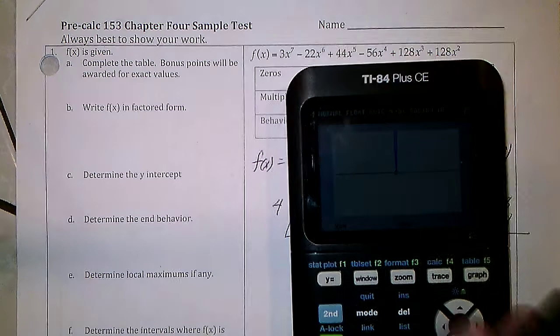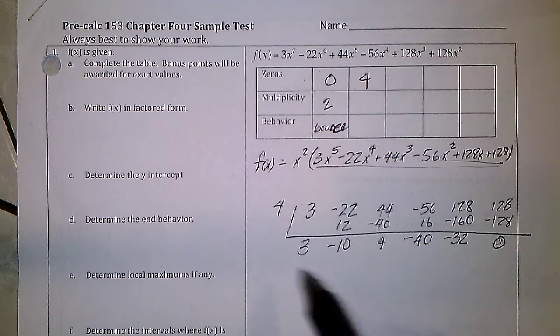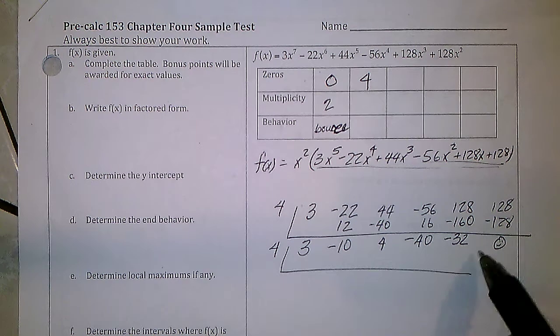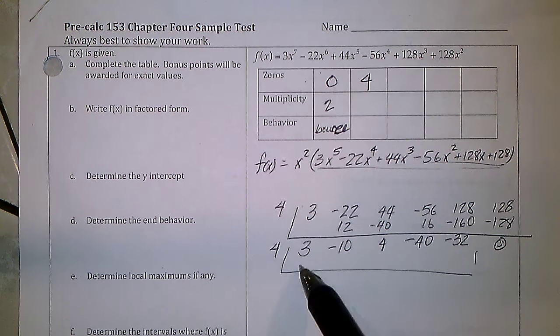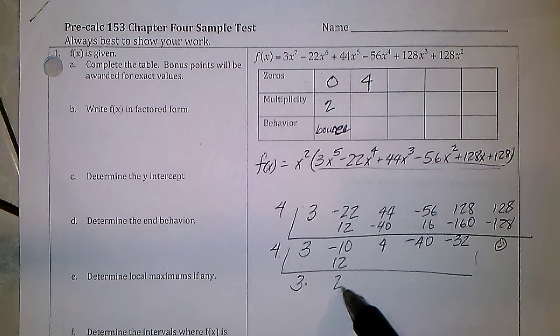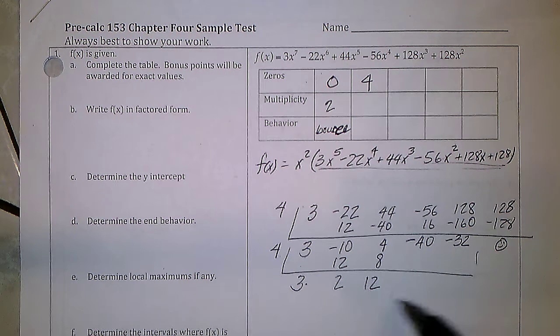In fact, we think because of the bounce, it should be a double 0. So it should go into what's left. So 3 plus nothing is 3 times 4 is 12. Add, I get 2 times 4 is 8. That's 12 times 4 is 48.